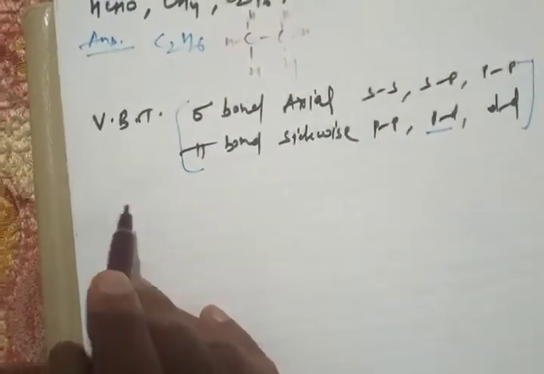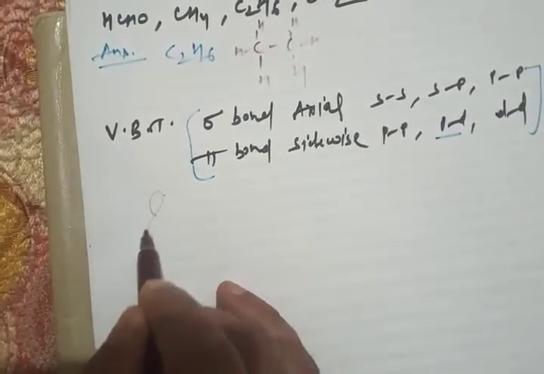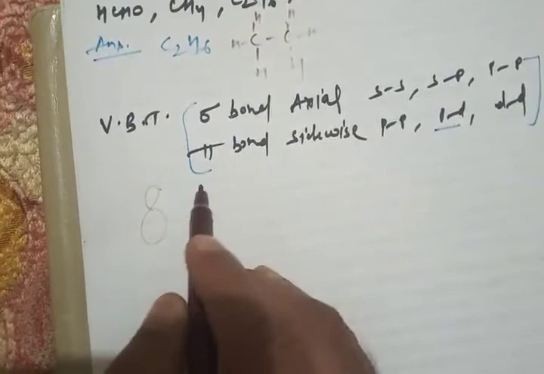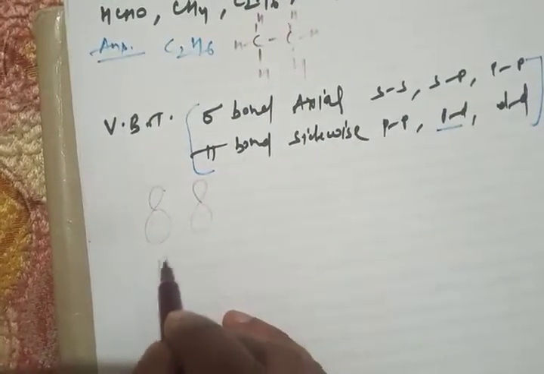Let's discuss some schematic representation, that how these bonds actually form, and we will focus only on the pi bond formation, the sidewise overlapping. Okay, so this is a p orbital, this is another p orbital.